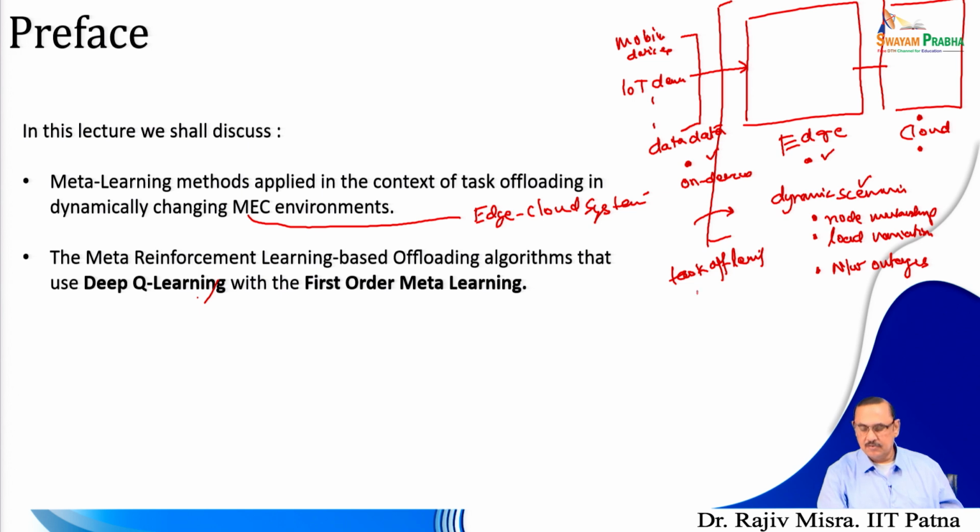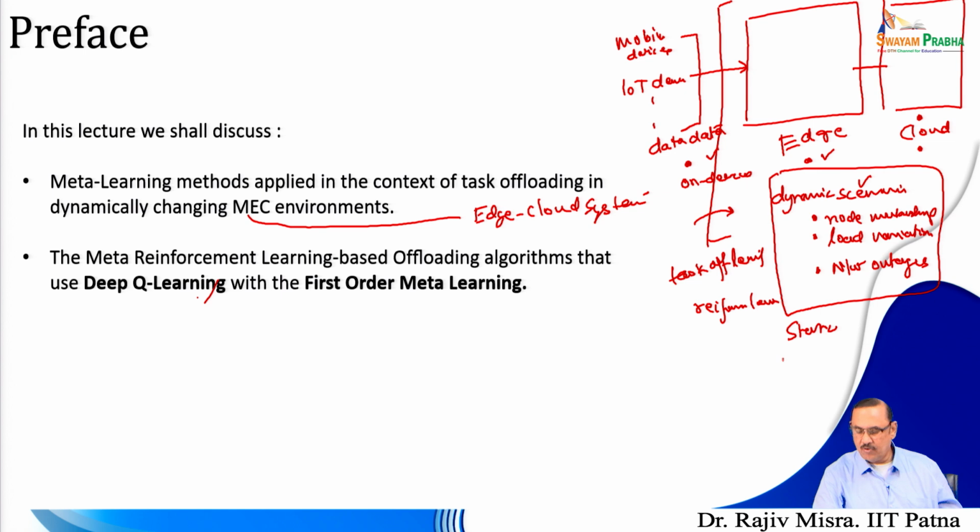Task offloading methods, which are often reinforcement learning based, often assume that these particular scenarios are static in the form of edge cloud system. If they are static, then this particular deep Q learning or DQN is a good solution for decision making in the task offloading scenarios.